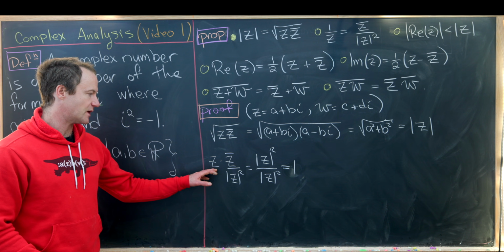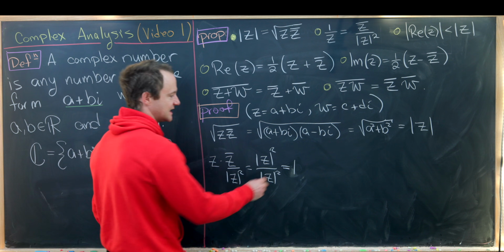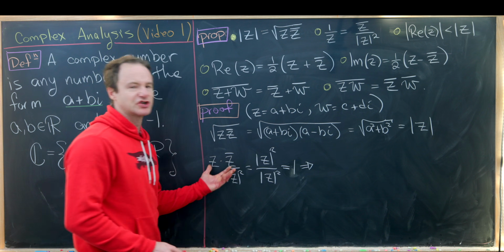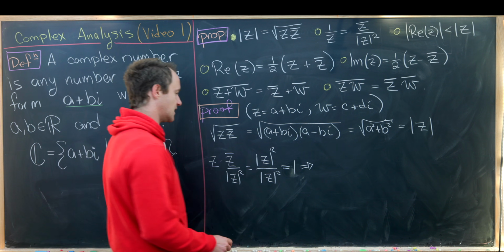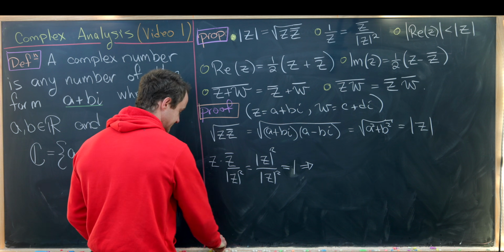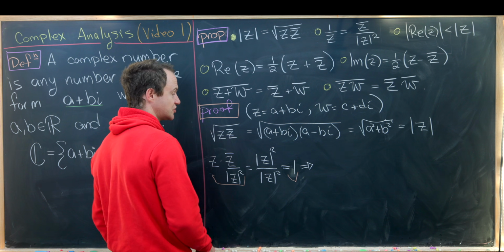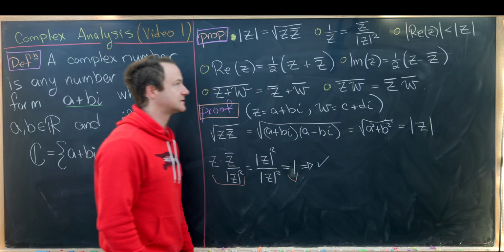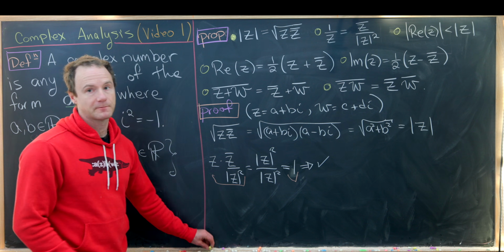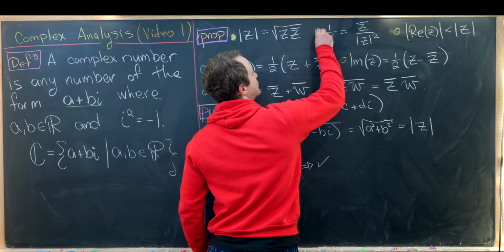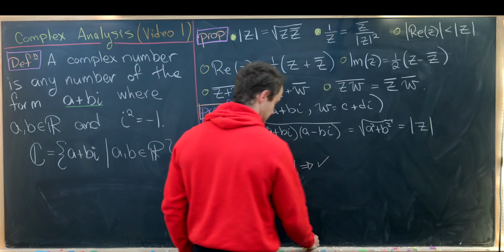But now from this equation, we can just divide both sides by z. Here, I should point out that we're assuming that z is non-zero. But dividing both sides by z, keeping in mind this portion of the equation, we get our result. So I'll just put a check mark there. Okay, good. So that means we've proven this second result.